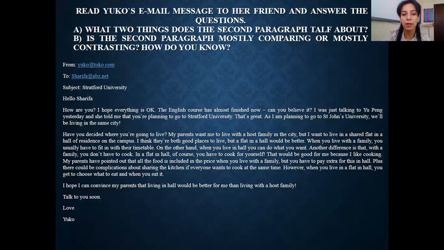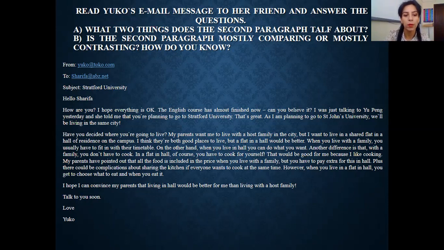When you live with a family, you usually have to fit in with their timetable. On the other hand, when you live in hall, you can do what you want. Another difference is that with a family, you don't have to cook. In a flat in hall, of course, you have to cook for yourself. That would be good for me because I like cooking. My parents have pointed out that all the food is included in the price when you live with a family, but you have to pay extra for this in hall.